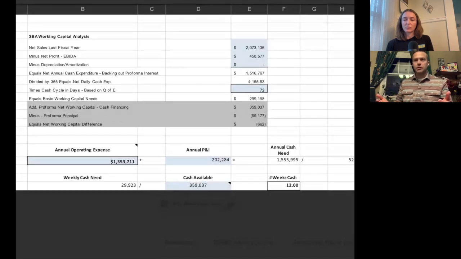It worked out in this example, but a lot of times, depending upon that cash conversion cycle, it can be a lot more money, or it can be a lot less. And so the biggest thing is identifying how they get paid, who's paying, and what is their cash conversion cycle.